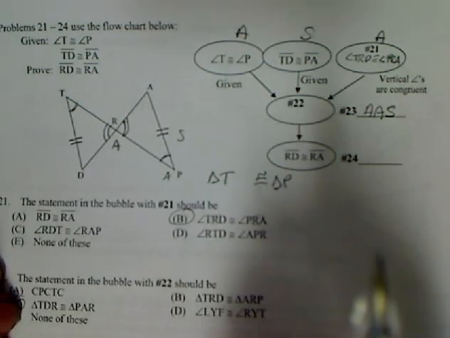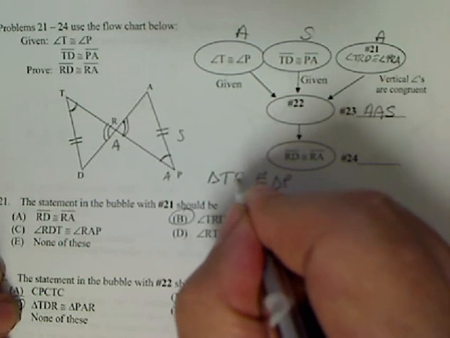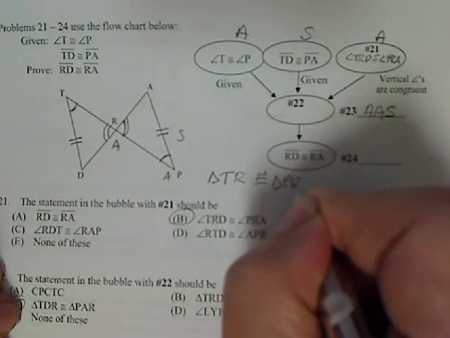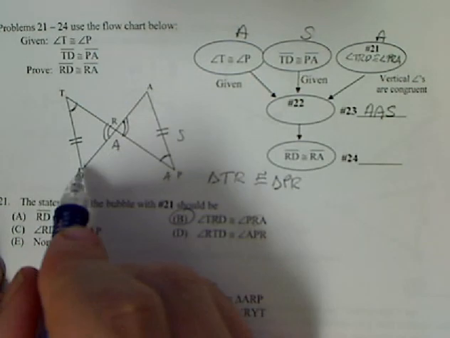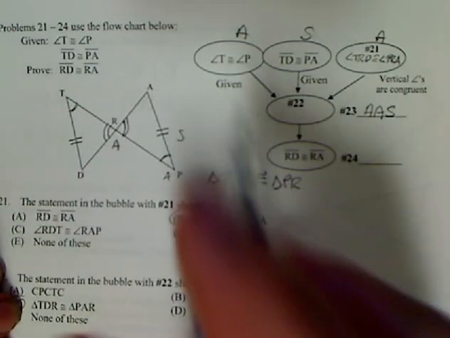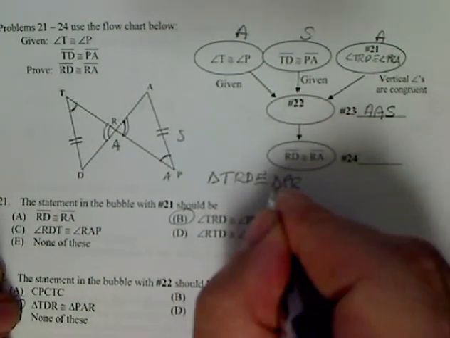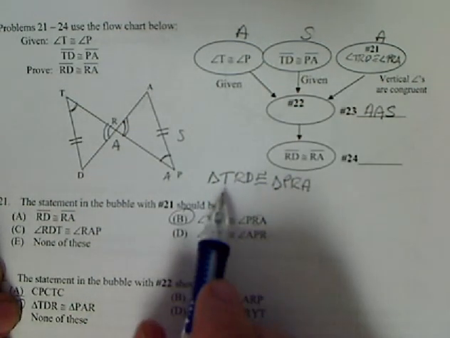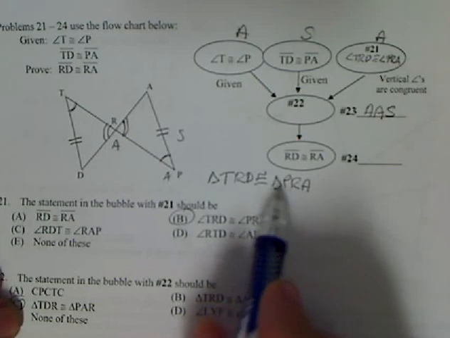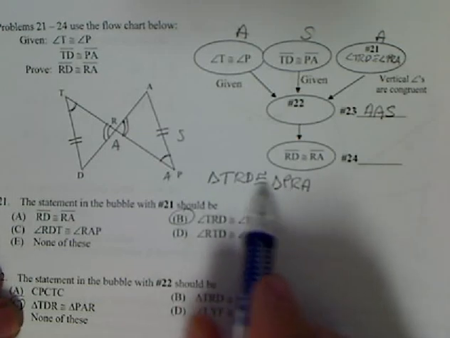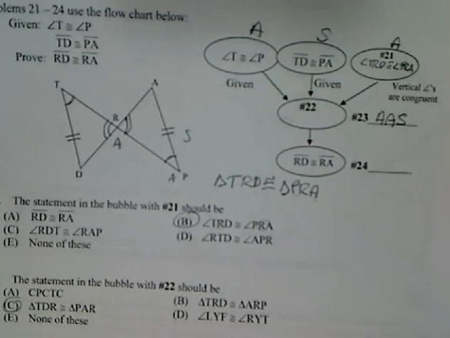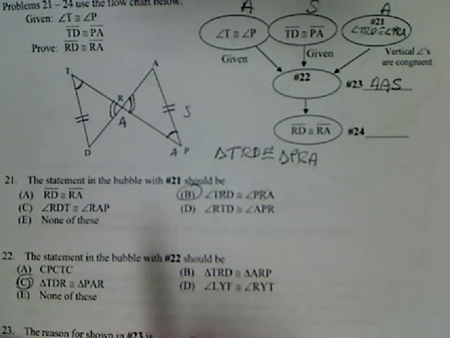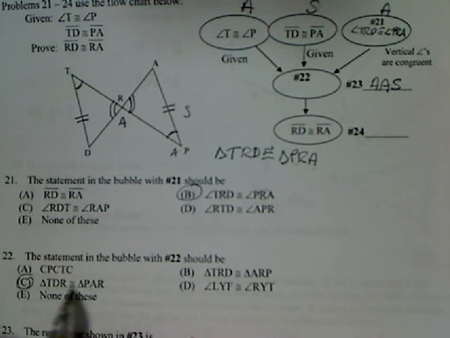R is going to match R, and then angle D has to match angle A. So that's what I'm looking for: T matching P, R matching R, D matching A. So if I go down here at these problems, T matches P, D matches A, R matches R. So the answer was C.